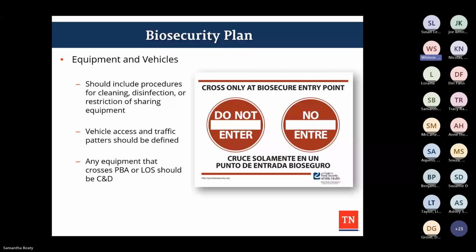So probably the most enhanced or most strict type of biosecurity plan would just say that there's absolutely no sharing of equipment, that trucks or vehicles only visit one premises per day. They don't go from farm to farm, but that's not always feasible. So if that is happening, making sure that you have a very detailed plan for how you're going to clean and disinfect.